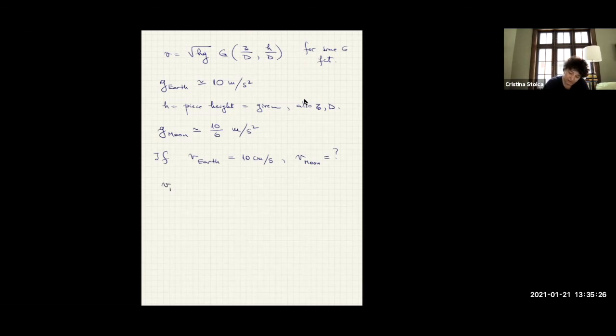We will do something like this. v moon over v Earth would be root of h g moon over, and then times that function, which we assume is not zero. If it's zero, it doesn't do anything. So this is g Earth.